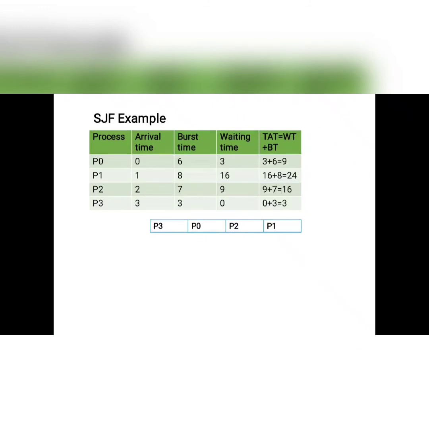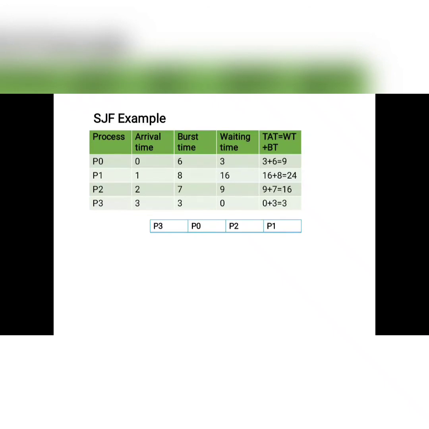By using these waiting time and turnaround time values of each and every process, we will easily calculate the average waiting time or average turnaround time. So in GATE examinations or any competitive examinations, questions may be asked in different ways.